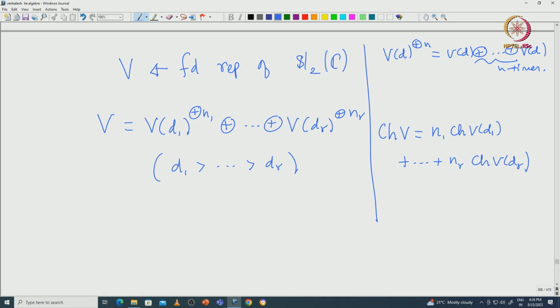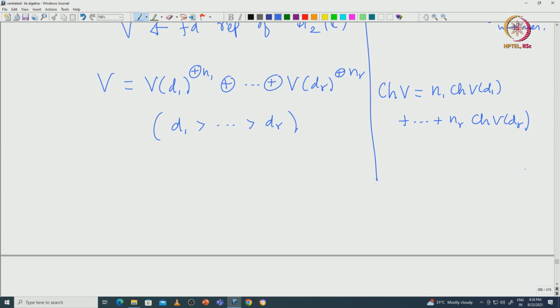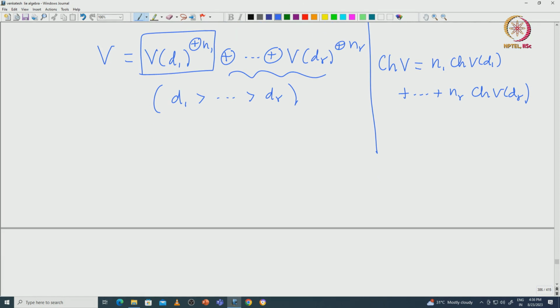Now, how are we going to get the top component? Once we understand how to pick the top component, it is more or less clear how to go about picking the other components. So let us look at what is really happening in this decomposition.